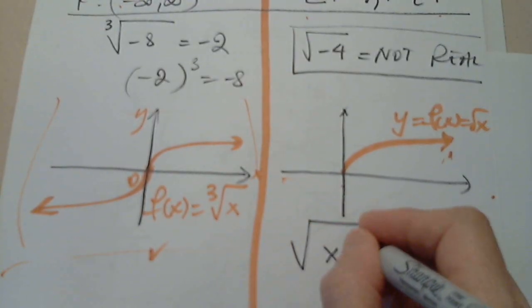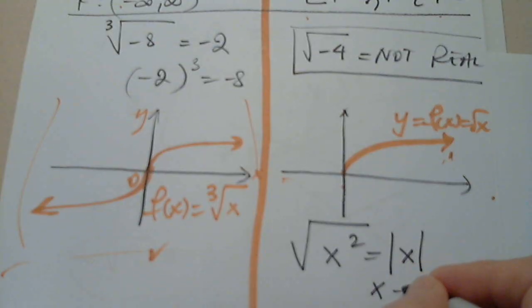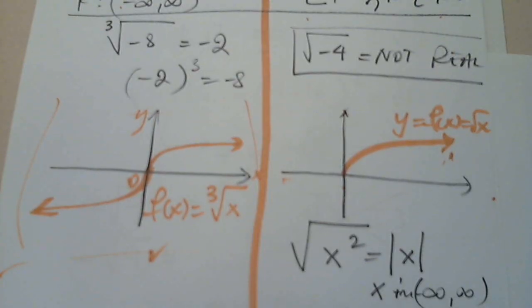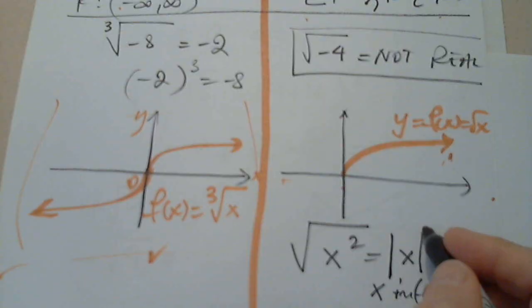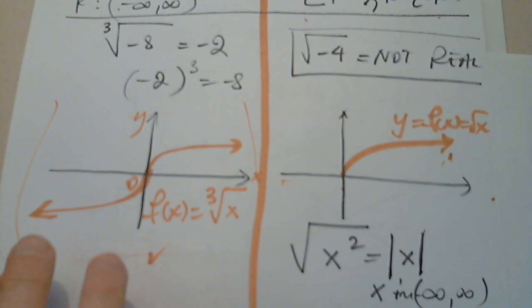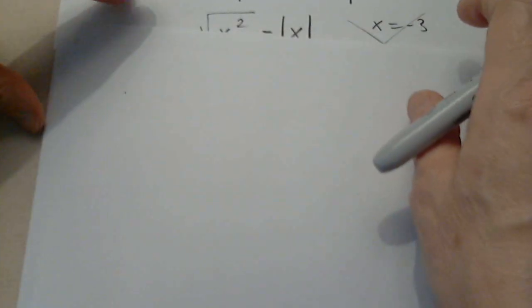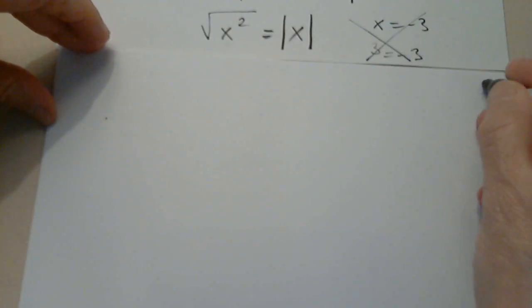The square root of x squared is the absolute value of x if x is in negative infinity to infinity. If x is any real number, we have to guarantee that the right-hand side is always positive. Okay, so let's practice, and you'll understand in a moment.